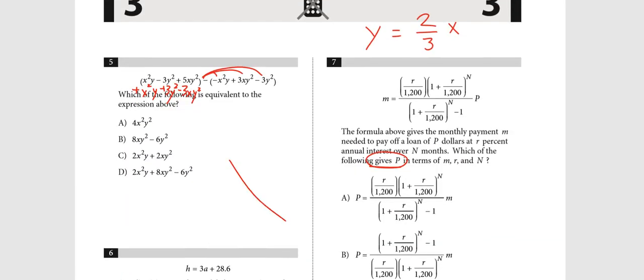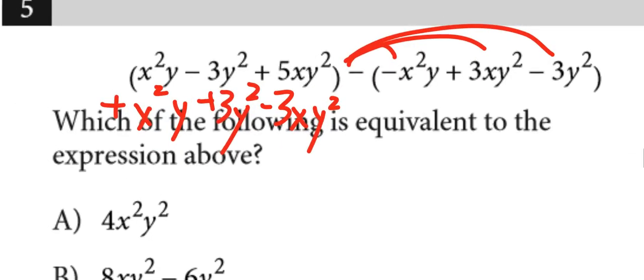Okay, so oops. So if we distribute the negative all the way through, this term right here is going to become positive. That's why I rewrote it down here, underneath the other one that's exactly like it.